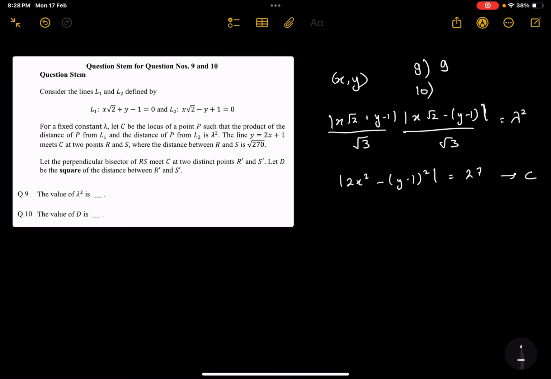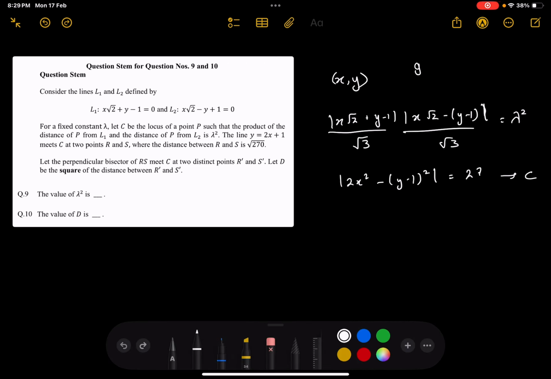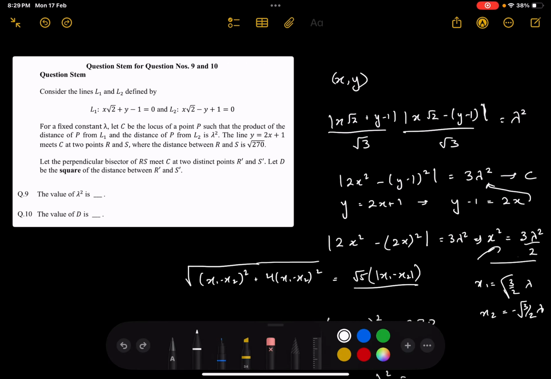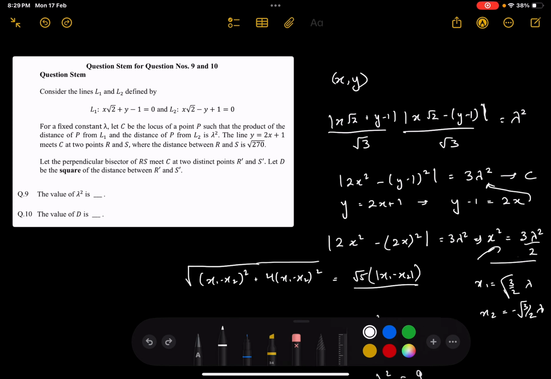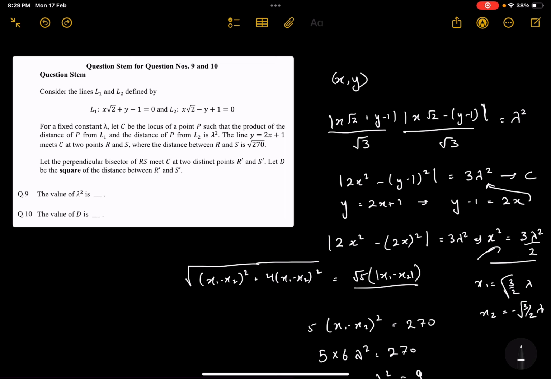we want the perpendicular bisector of RS. So recall that R was, okay, I shouldn't have removed them. So we have x1 and x2.